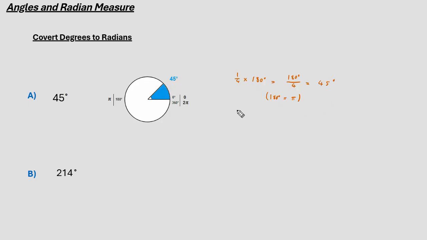Thus, a quarter times pi gives us pi over 4. So 45 degrees is pi over 4 radians. So this angle is 45 degrees and also pi over 4 radians.